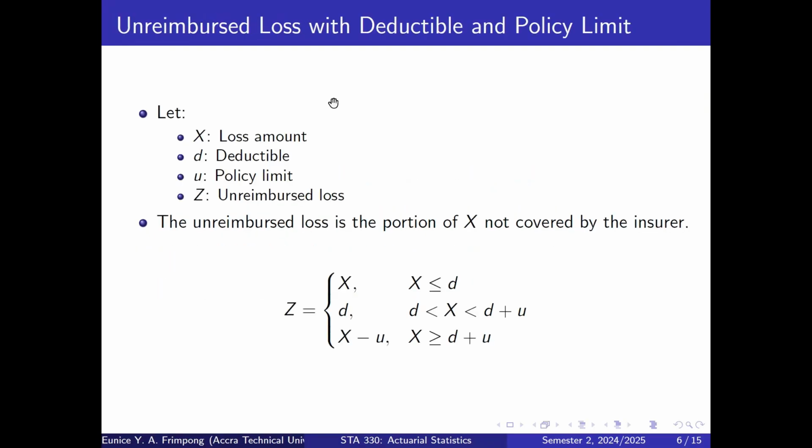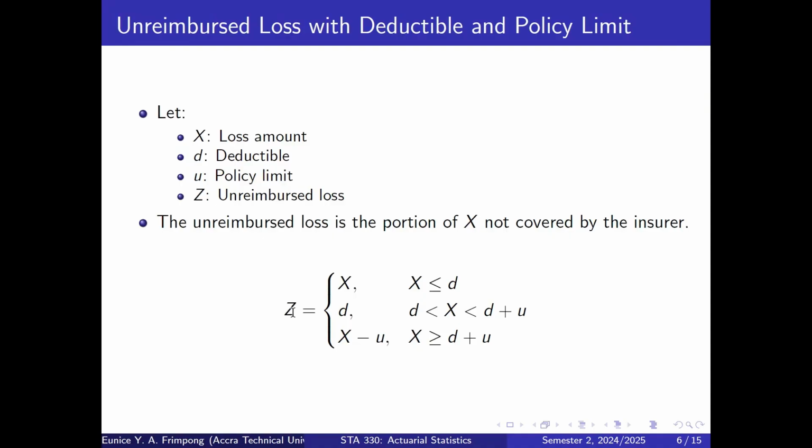Now let's talk about unreimbursed loss, denoted as Z, in the case of deductible and policy limits being present in an insurance contract. Unreimbursed loss, from our previous lesson, is the amount of the loss that is borne by the insured.